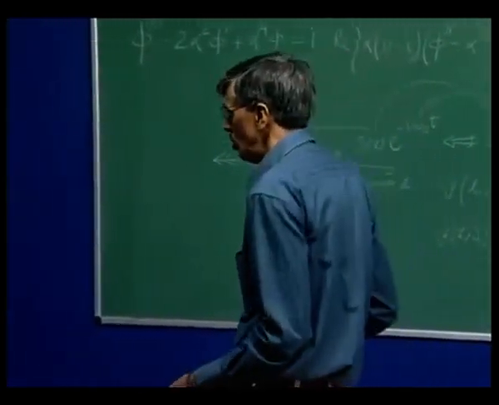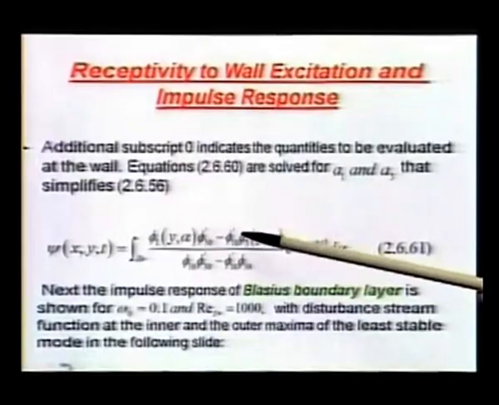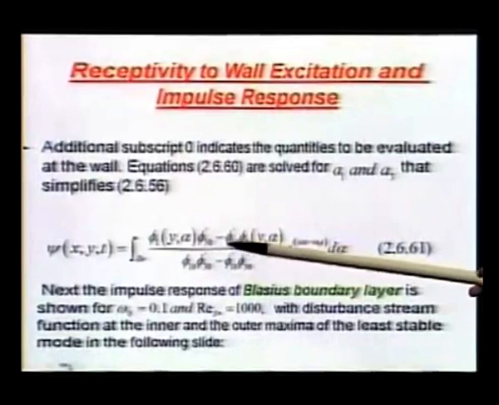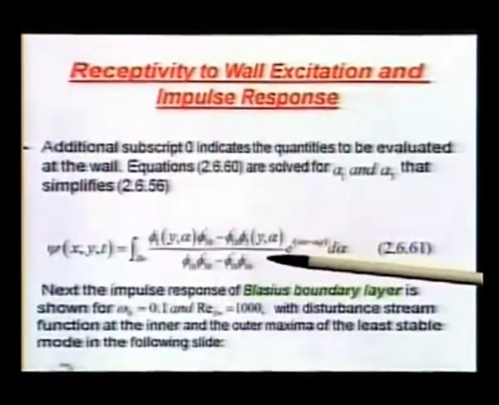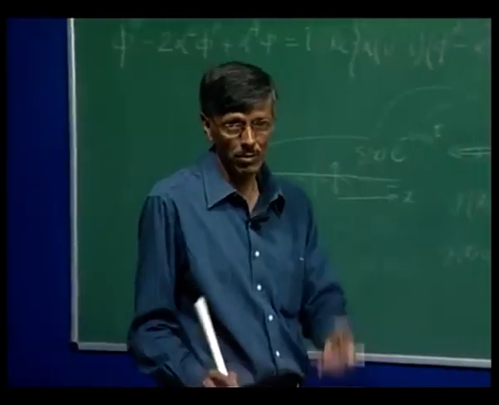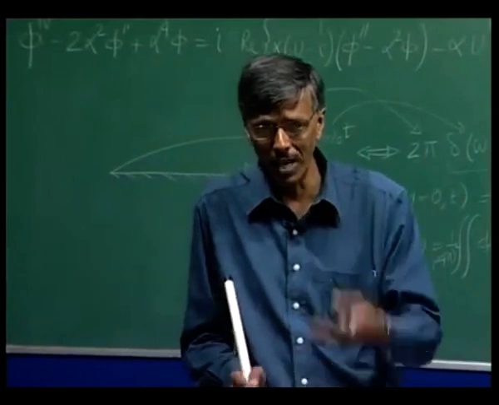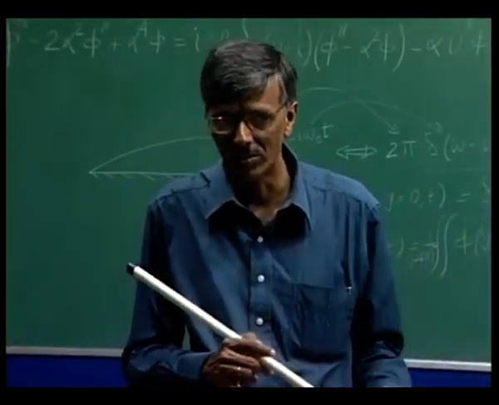There is though a case by which you could switch off this quantity. Suppose I can reduce the magnitude of this quantity phi 1 prime 0 and phi 3 prime 0, then what will happen? If I keep on selectively removing them, I will not see that in the response.